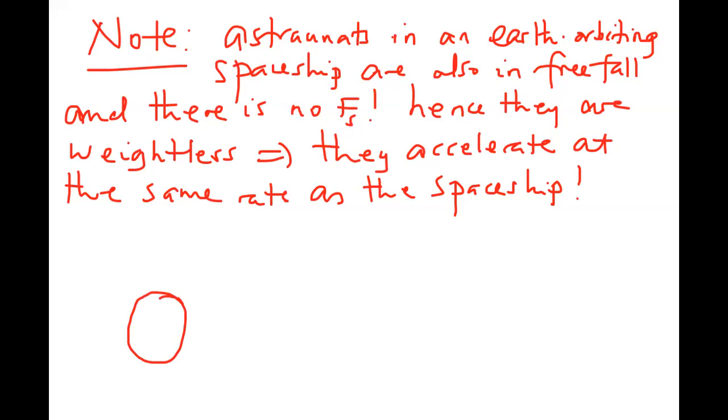And therefore, do not explain weightlessness in this case by saying that there is no gravity on the astronauts. That will be incorrect. There is actually gravitational pull pulling the astronaut inside the spaceship downward. So there is gravitational pull.